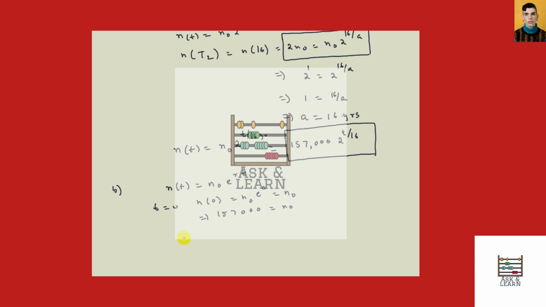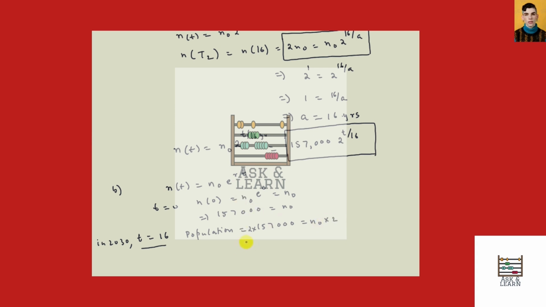To find r, we will plug in, now it's given that in 16 years the population of the city will double. So at t equal to 16, or in 2030, the population will be 2 times the population in 2014, which is 2 times N naught.